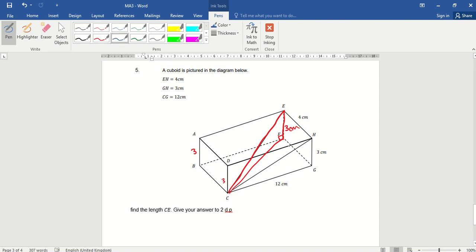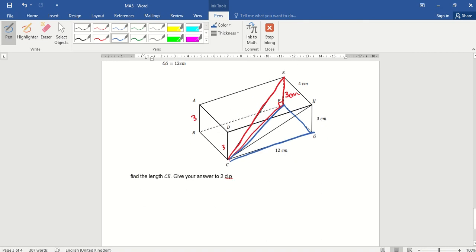CF is going across the base of our rectangle, we could make another right-angled triangle using FG, GC, and CF. And once we've got CF, we can then use it to find CE.